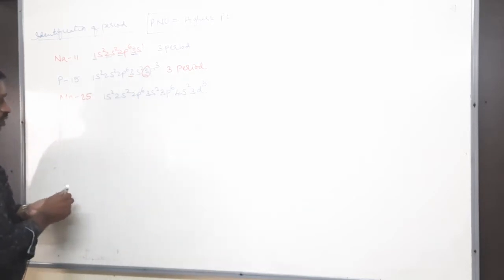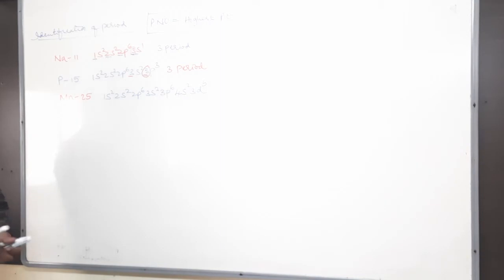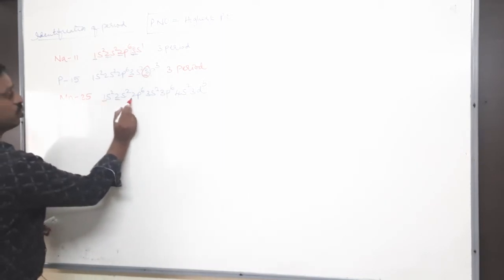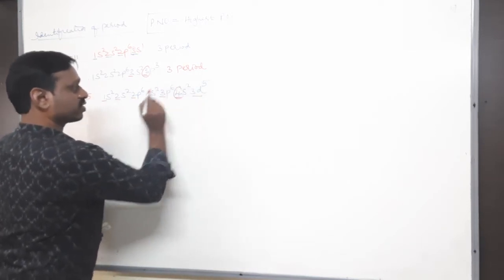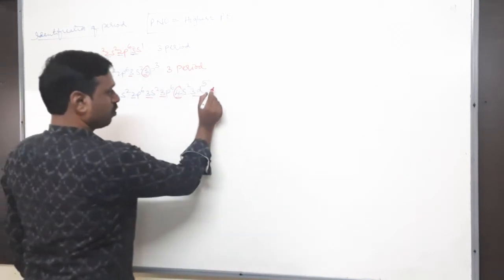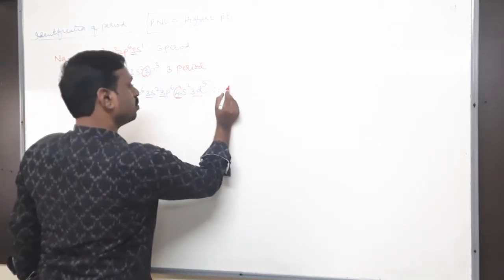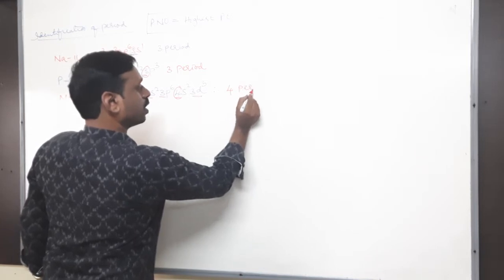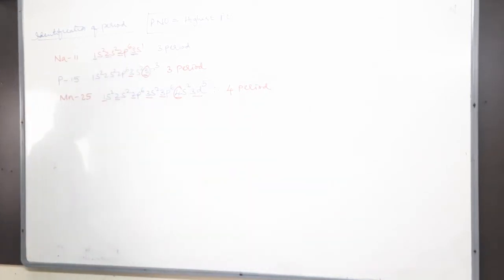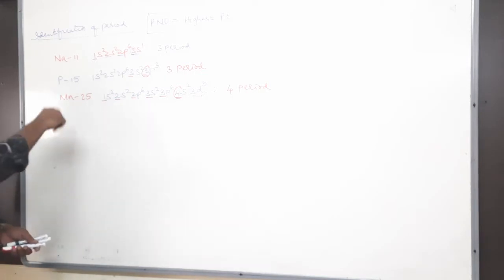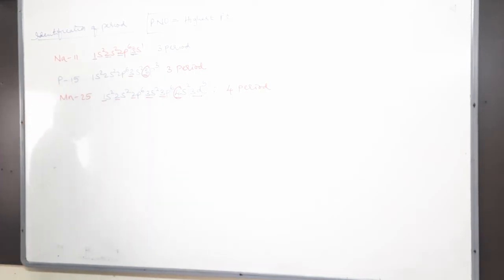Which is the highest principal quantum number? It is 1, 2, 2, 3, 3, 4, 3. But we want the highest. Highest is 4. Therefore, manganese belongs to the fourth period. In this way, you can identify the period number of any given element by writing its electronic configuration.